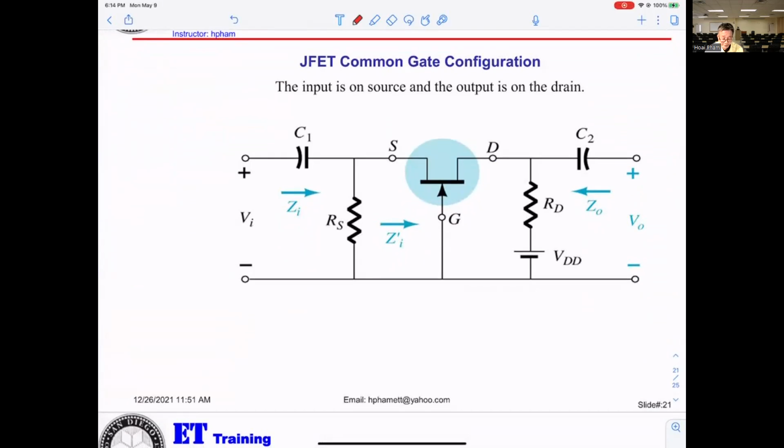Let's see. This is the gate. Okay. This is the drain. And this is the source. Okay. Common gate: input applied to the source, and gate will be grounded.